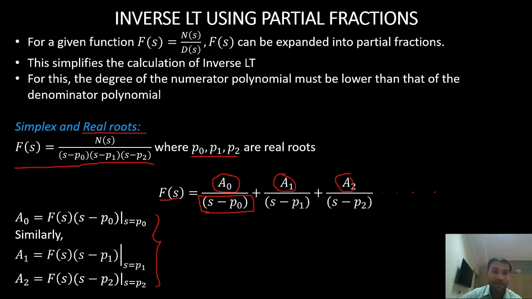Then we arrive at A0. Similarly, to find A1, we multiply F of s with s minus p1, and in the result we substitute s equals p1. Like that, for any number of terms we can do it. This is for simple and real roots.